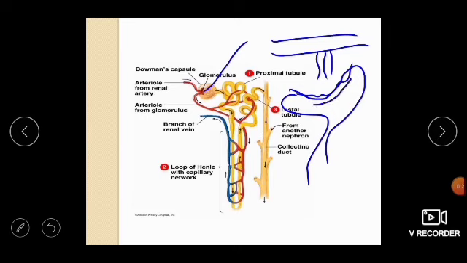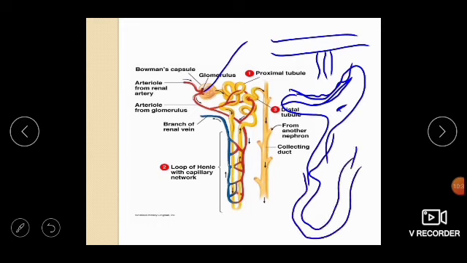Then the basement membrane on which the epithelial cells lie. When the blood is filtered through these three layers, the final filtrate that comes over here is called the nephric filtrate. The filtrate keeps going through the various regions of the tubules and finally moves into the collecting duct.